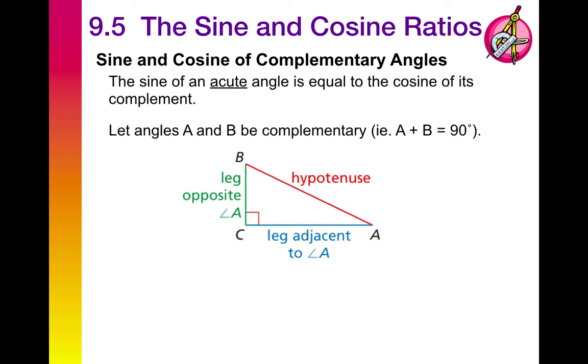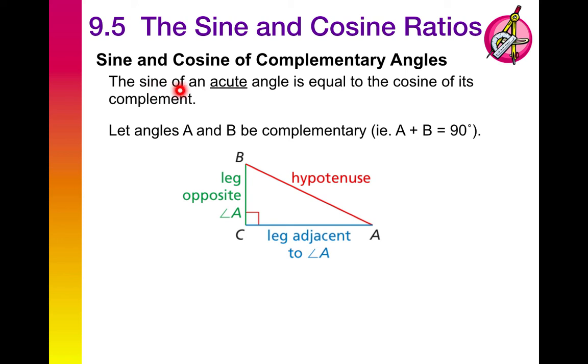The sine and cosine of complementary angles. Remember that the two acute angles inside of a right triangle are complementary because they add up to 90 degrees. Obviously, because the third angle is 90 degrees itself.